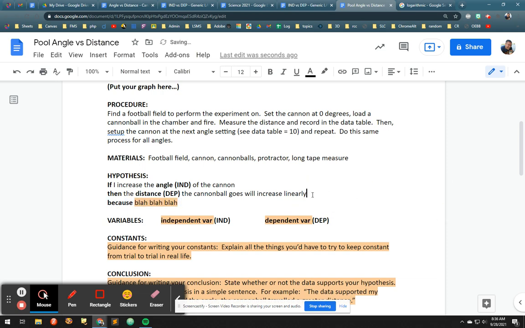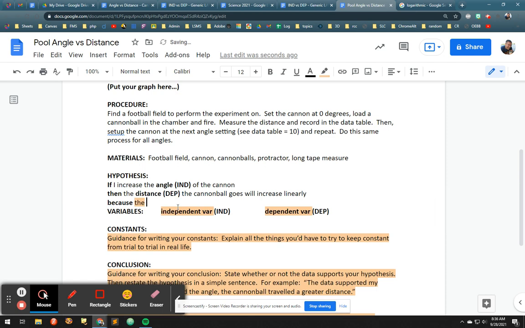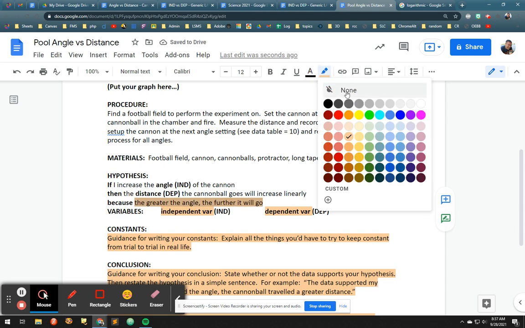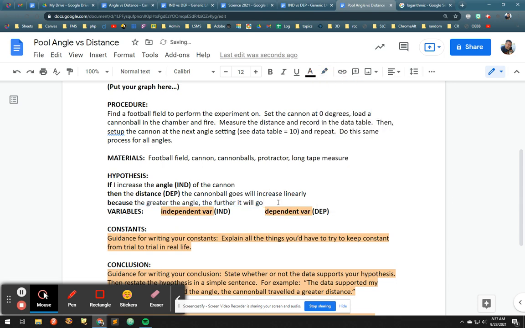Because the greater the angle, the further it will go. We'll say that that's my prediction, even though it's wrong. I mean, it's right to some degree. There's a limit to it, as we'll see.